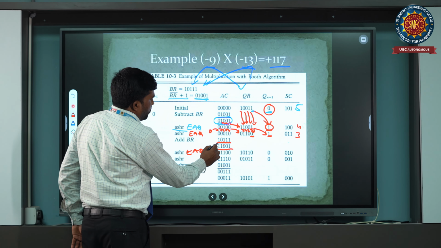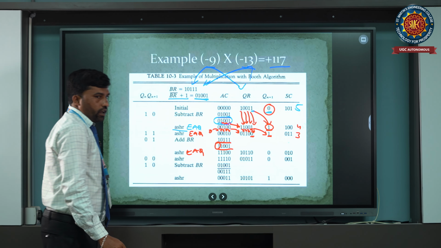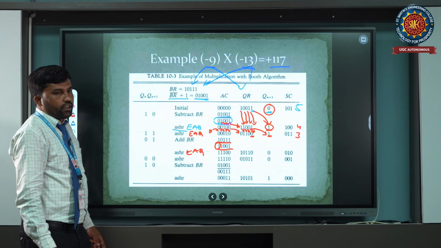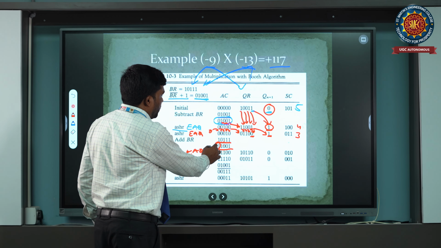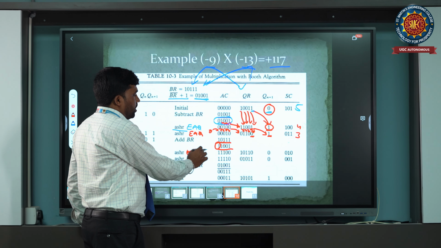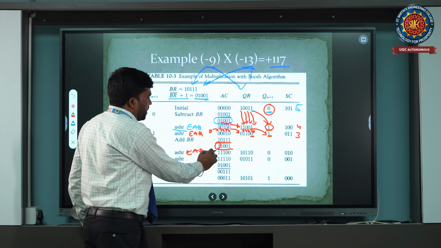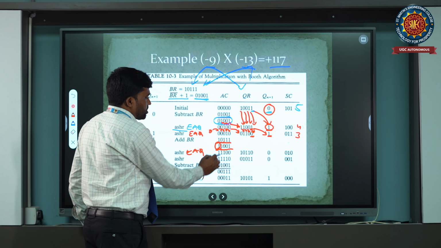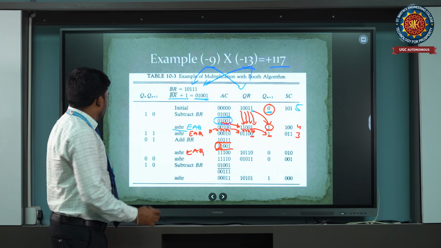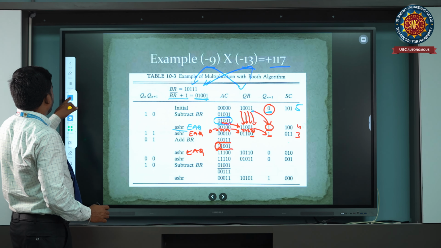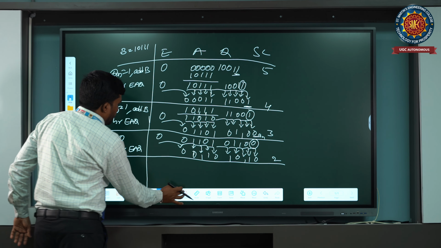Again, what is the sign bit? It is 1. Sign bit 1 means it is a negative number. When we do arithmetic shift right, the sign bit is copied and the bits shift to the next position.